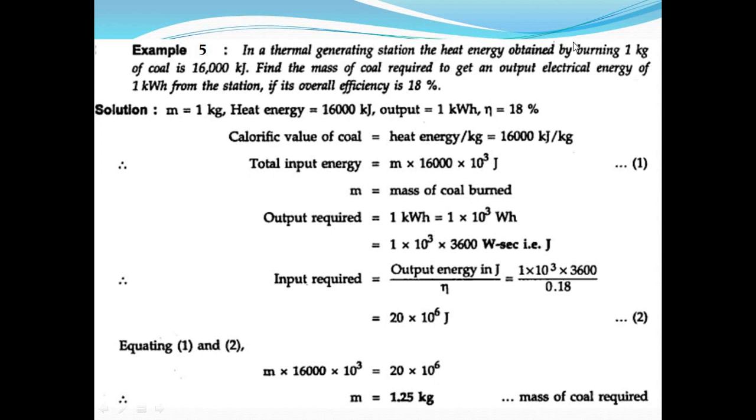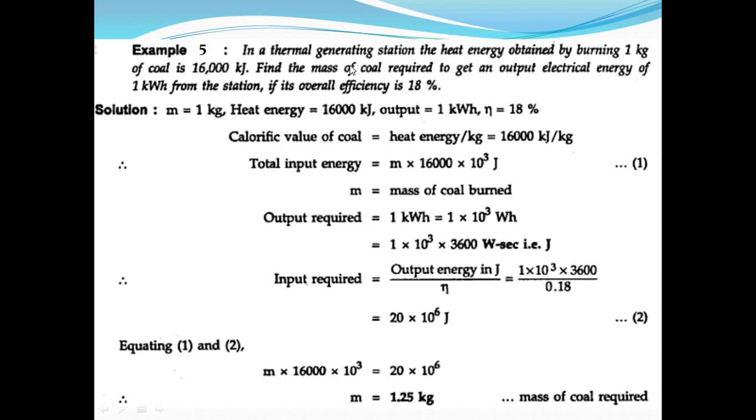It is the energy released by burning 1 kg mass of coal. So this 16,000 kilojoules is the calorific value. Find the mass of coal required to get an output electrical energy of 1 kilowatt hour from the station. Now this output is electrical energy, 1 kilowatt hour is given, and its efficiency is also given, that is 80%.